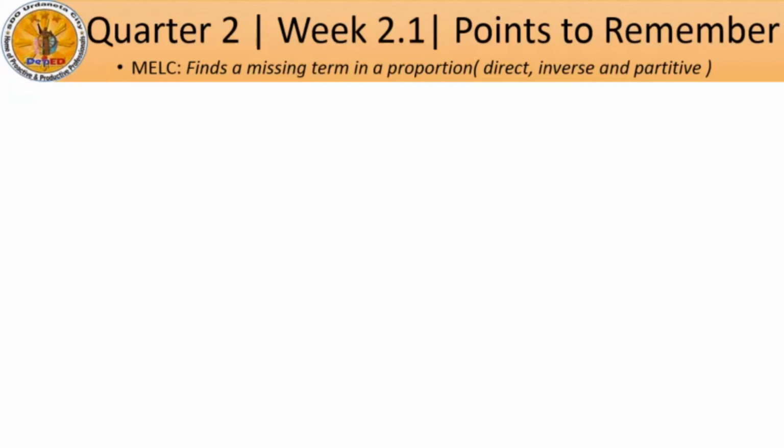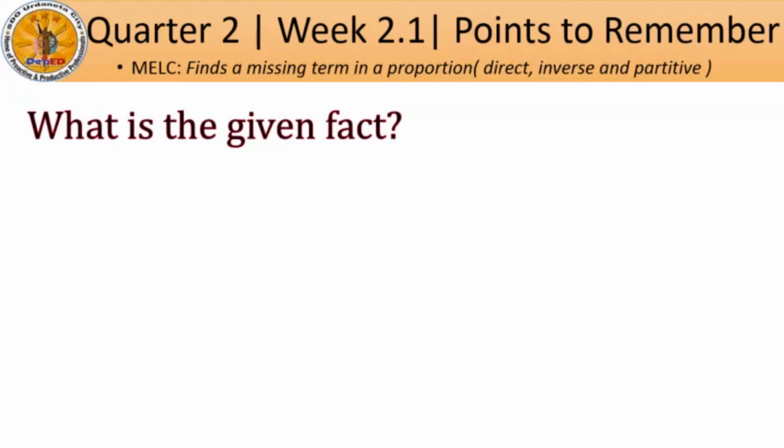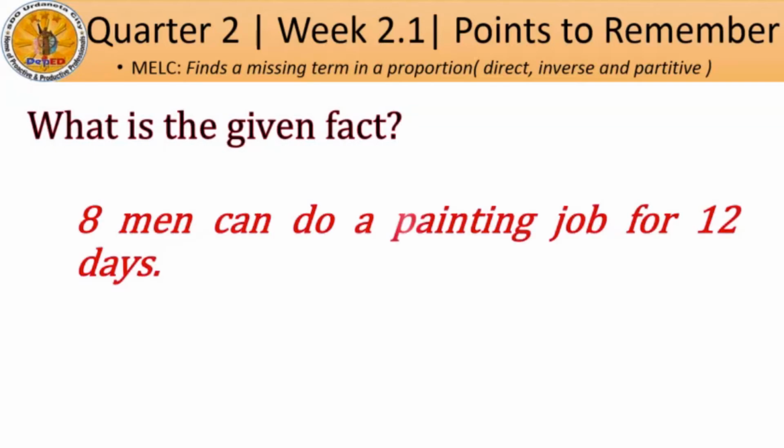Let us understand more the problem. What is the given fact? 8 men can do a painting job for 12 days. From the given fact, we can now set our first ratio. Will you name our first ratio? Very good. Our first ratio is 8 is to 12.